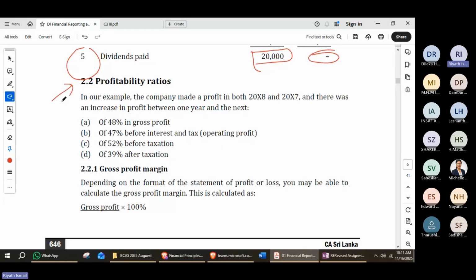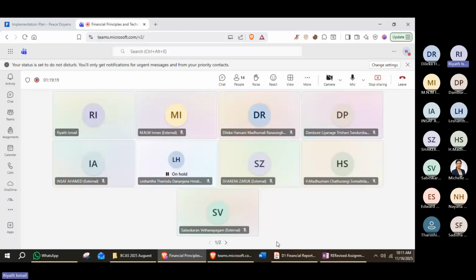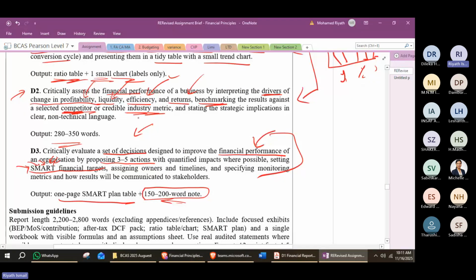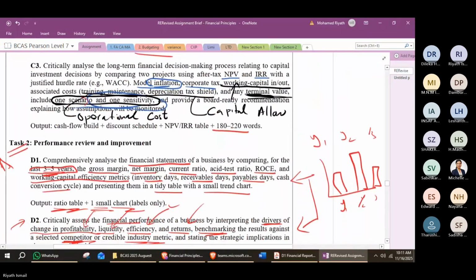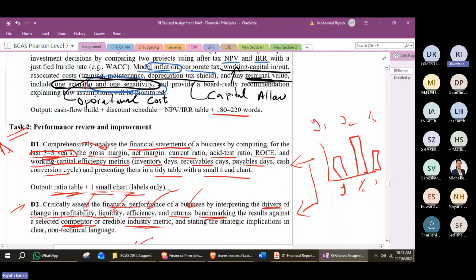Based on this information, let's see section 1. We look at profitability ratios, right? In your assessment, they are asking about the profitability here. Gross profit, net margin. Those are profitability, right?